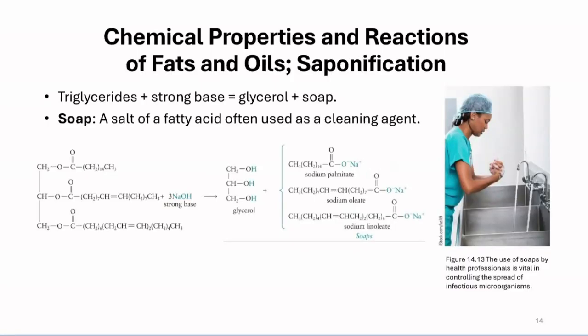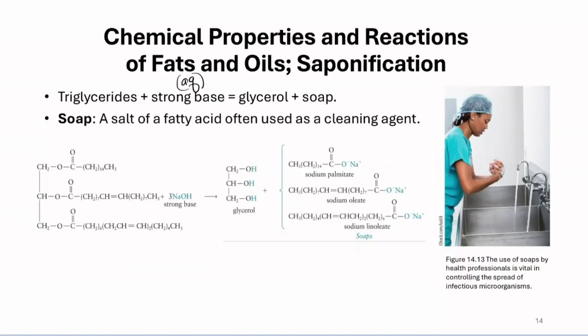We also learned previously when discussing organic chemistry that esters can be hydrolyzed specifically in the presence of strong base. That strong base, let's remind ourselves, is going to be aqueous. So when you take a triglyceride and you expose it to an aqueous strong base, we are going to be doing a saponification reaction.